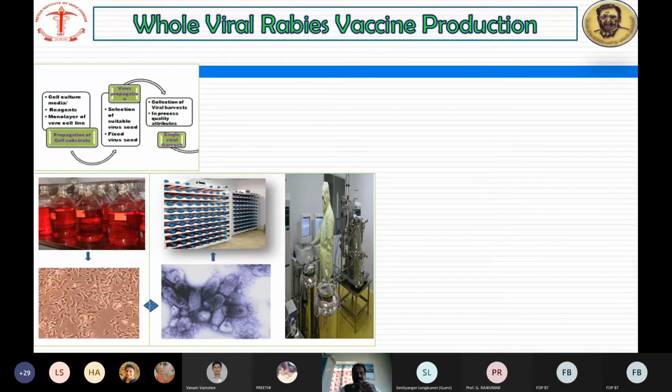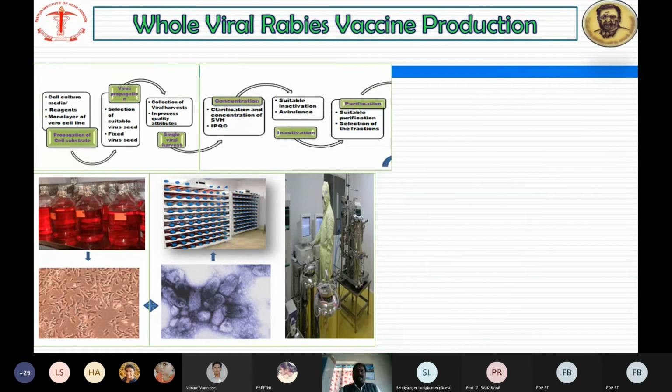Inside the cytosol, they release progeny virus with different G and L proteins. The newly synthesized viruses come out into the media, which is replenished with maintenance media, and that media is collected as viral harvest. We collect the viral harvest every 72 hours.